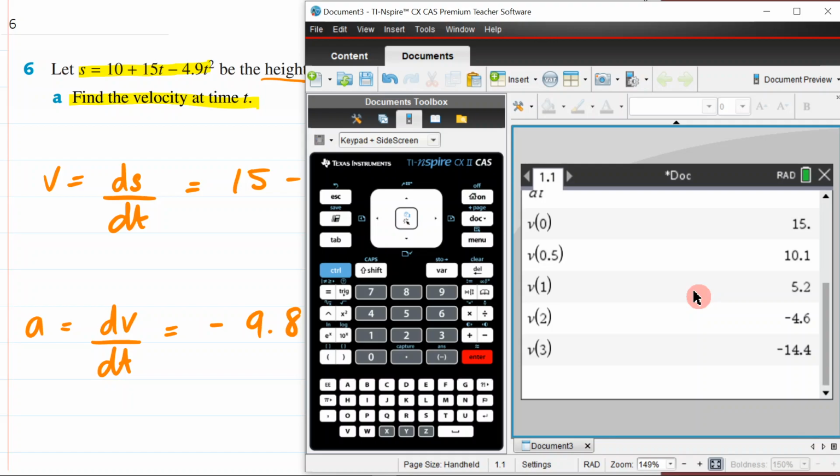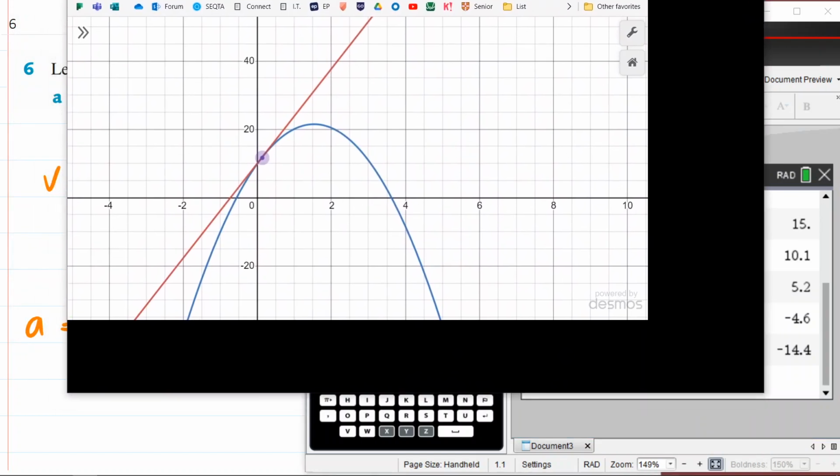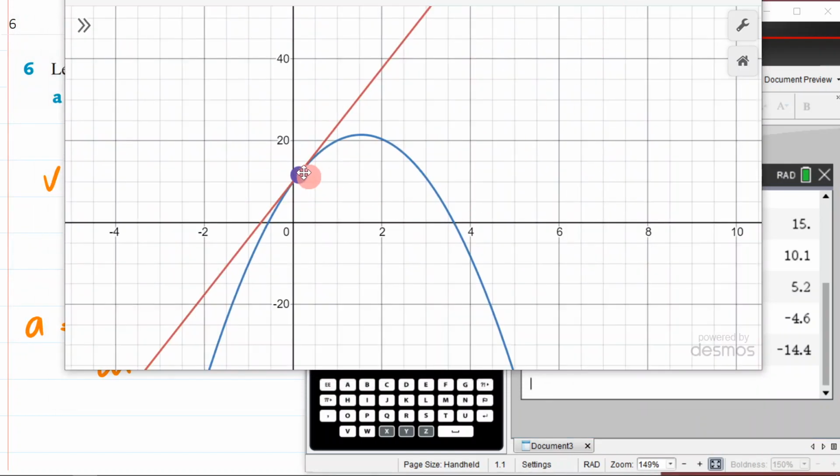So what I really want you to appreciate here is that the change in my velocity is always going to be decreasing. It's always going down. My velocity is always becoming a lower number each time. And that makes sense when you consider our graph here. I want you to take note of the slant or the gradient of this tangent, which represents the velocity.